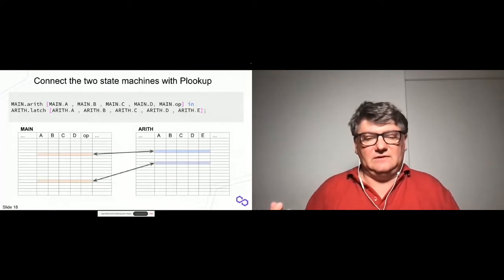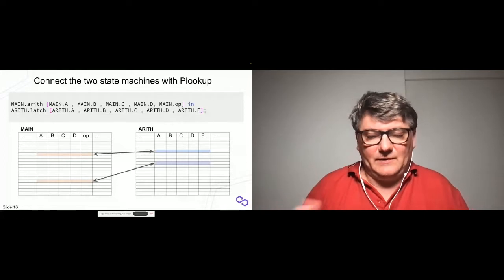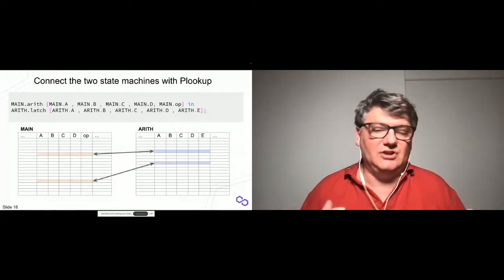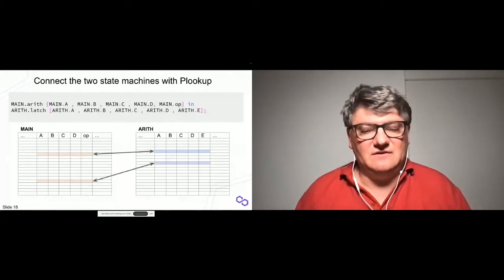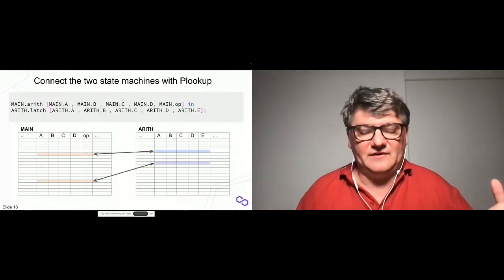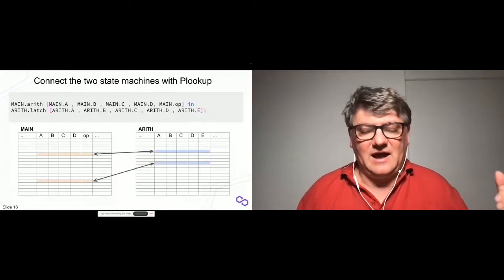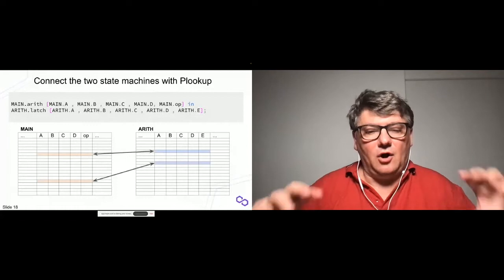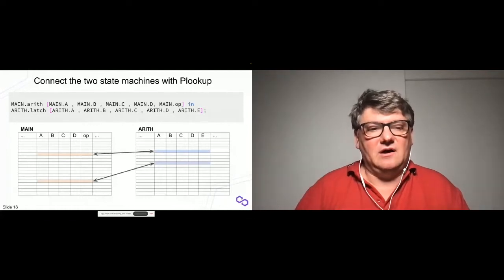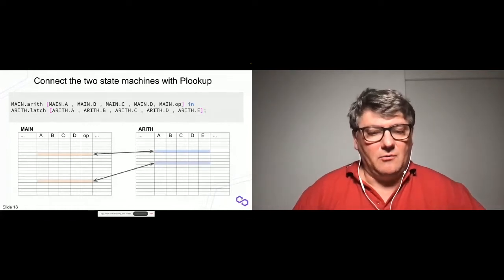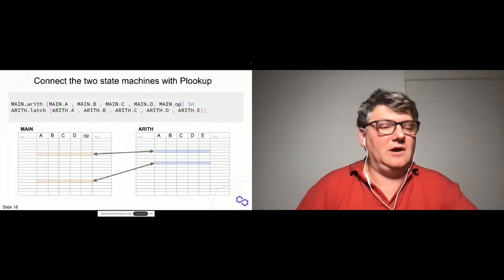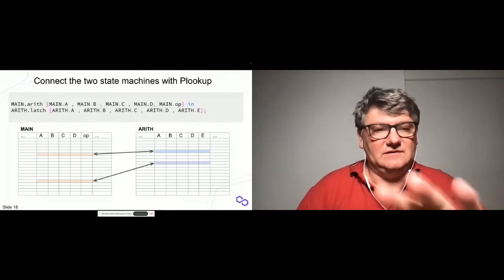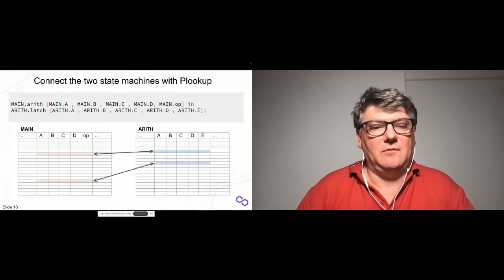This is very interesting, because this is what allows us to do engineering. We can have a state machine for binary operations, a state machine for memory, and a state machine for storage. We can have different state machines, and we connect them all together with this lookup, in this one line of code somehow.